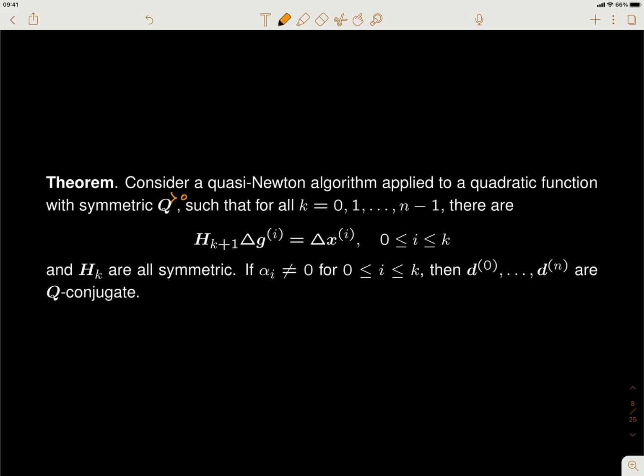We say two vectors di, dj are Q conjugate.